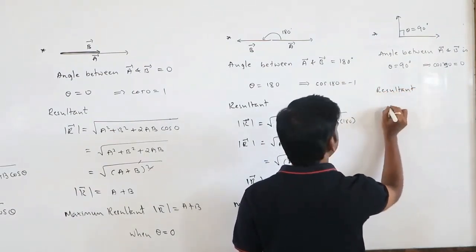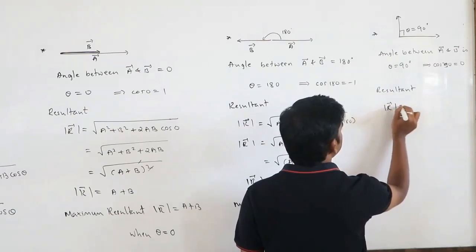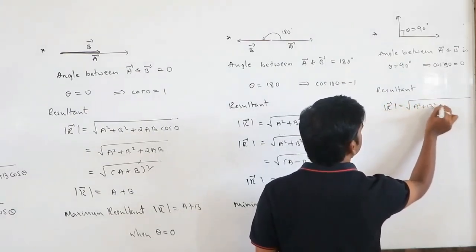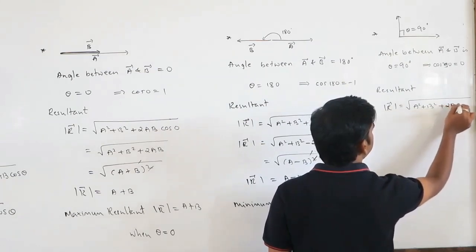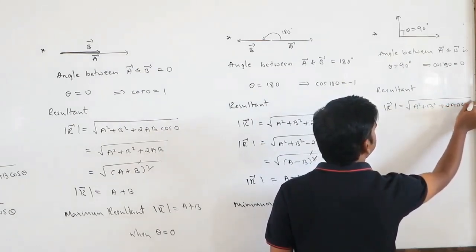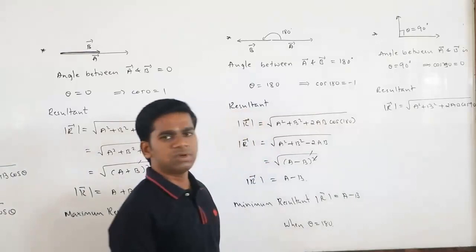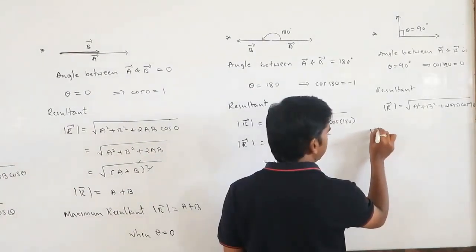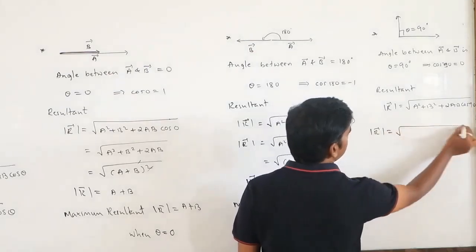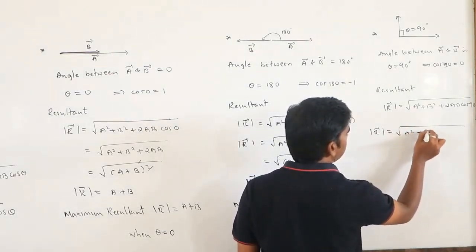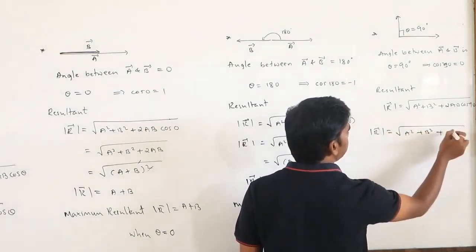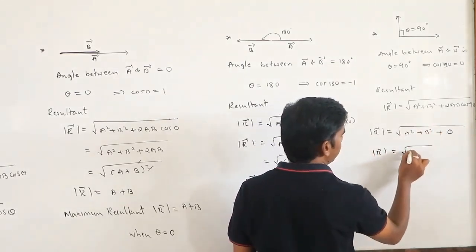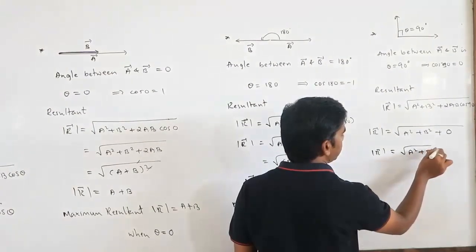So the resultant vector R is equal to the square root of A square plus B square plus 2AB cos 90. So R is equal to root of A square plus B square plus, and cos 90 is 0. So the resultant is root of A square plus B square.